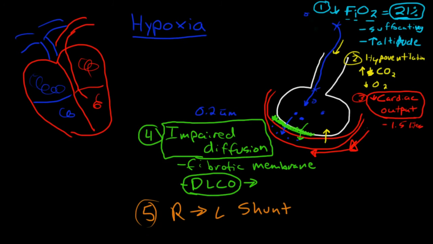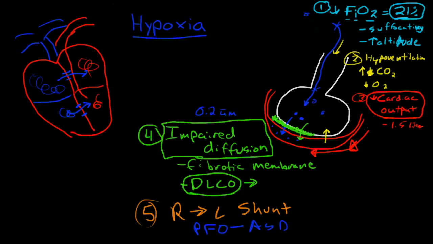Now, one type of shunt may involve an anatomical defect that causes the unoxygenated blood to mix with the oxygenated blood. So it may be a PFO, otherwise known as an atrial septal defect.